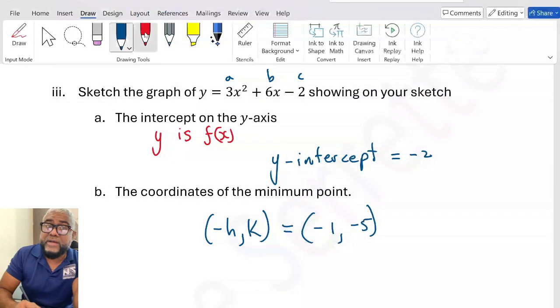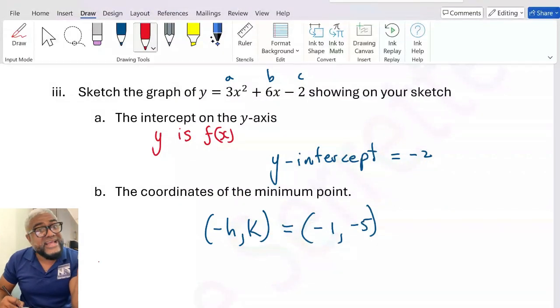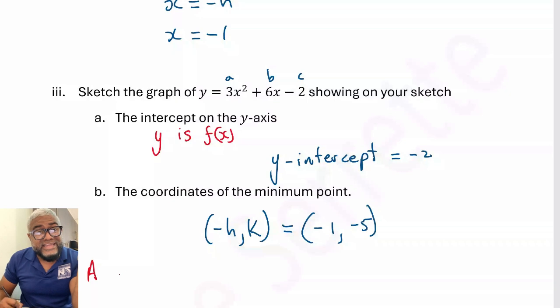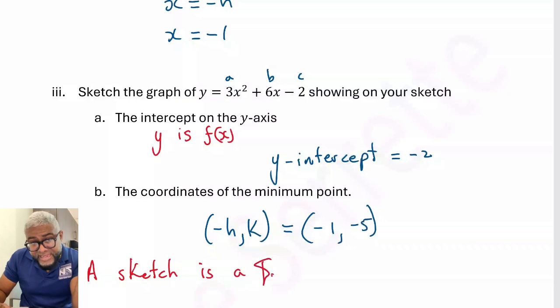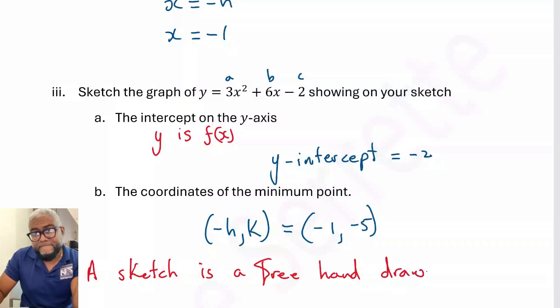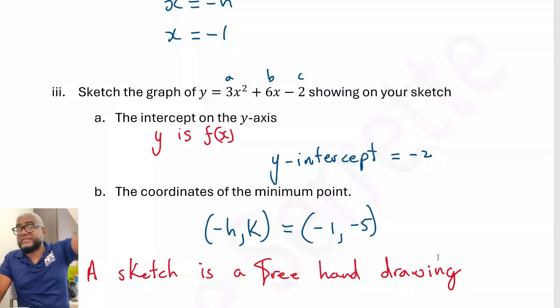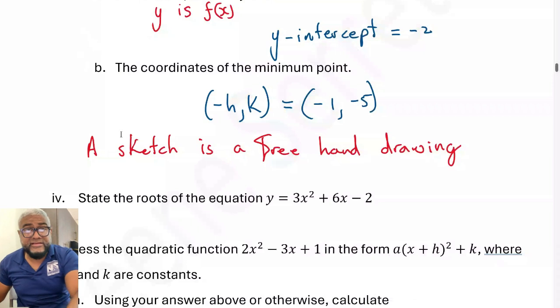So something to note about when the question tells you to sketch. A sketch is a freehand drawing. So remember, make some 2 graphs above with a U and an N. You're drawing it just like that, right?